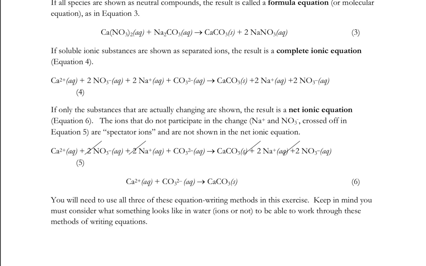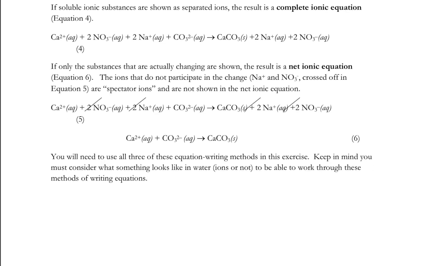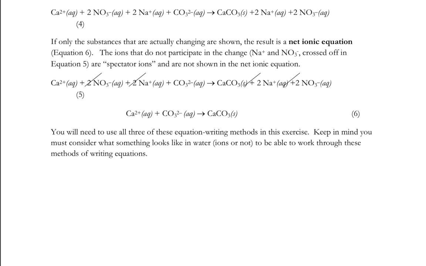The slash line should be over the 2 Na plus aqueous and the 2 NO3 minus aqueous. So we eliminate those from the net ionic reaction because they remain the same on both sides, and we have reaction 6, Ca2 plus aqueous plus CO3 2 minus aqueous, forming CaCO3 solid.